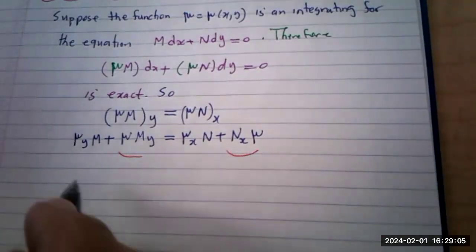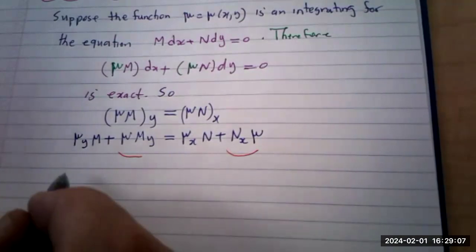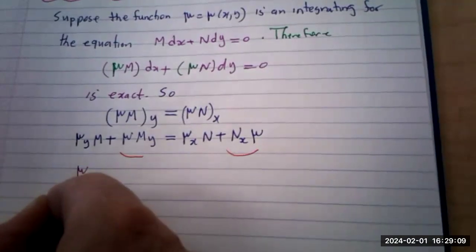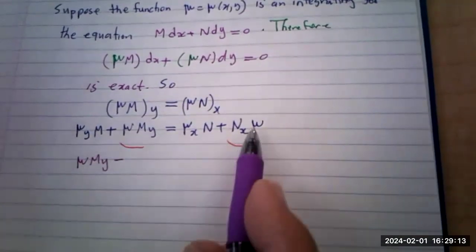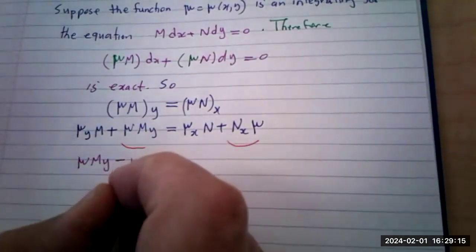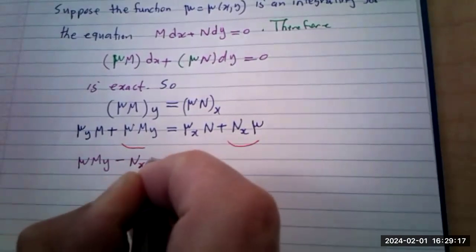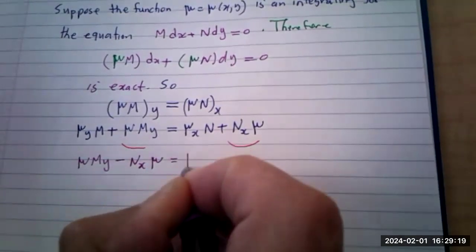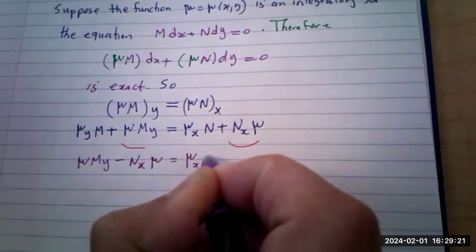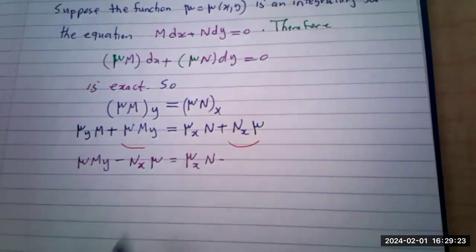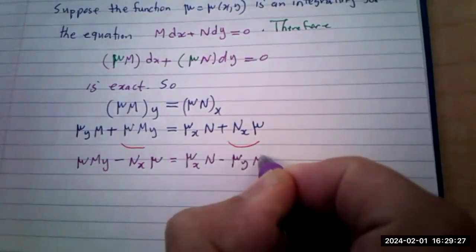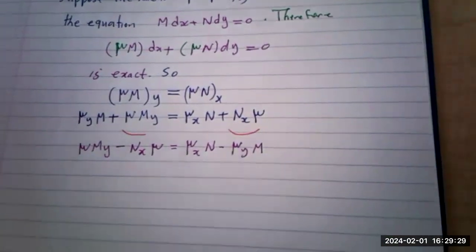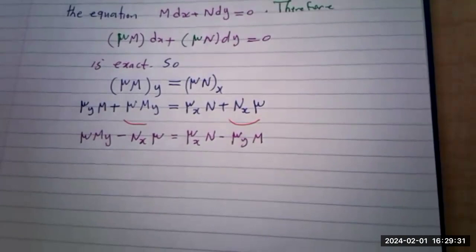I'll rewrite it as mu times M sub y minus N sub x times mu, and on the other side, mu sub x N minus mu sub y M. Okay, I got this equation.